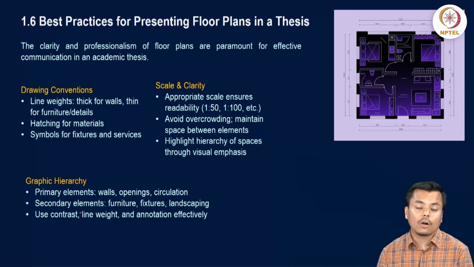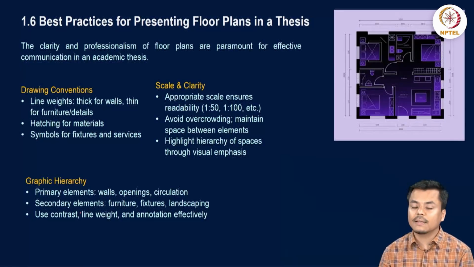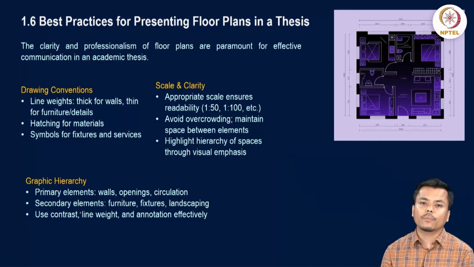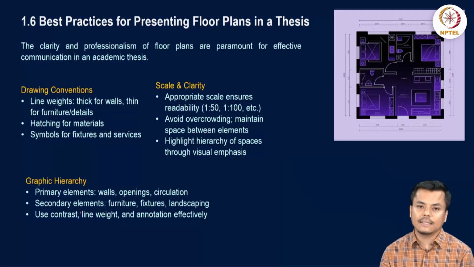It may be columns, it may be a staircase, because the materials used in the staircase are partially visible, so you can highlight that along with the materials used for doors and windows. If you prepare a detailed drawing, the material of doors, windows and other details are highlighted in detail while you prepare the floor plan.